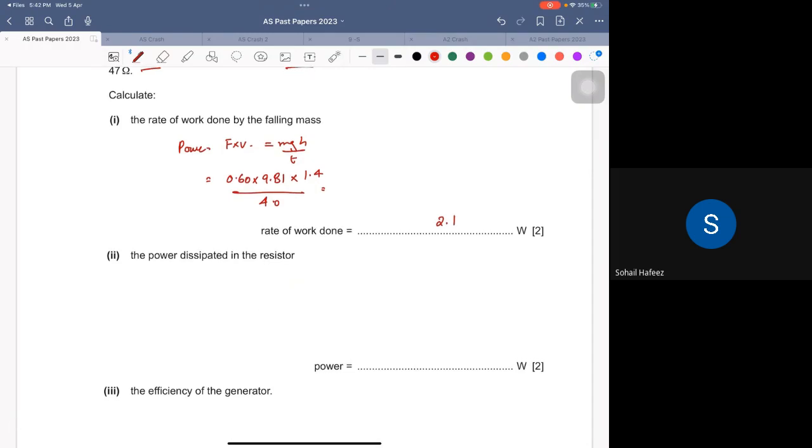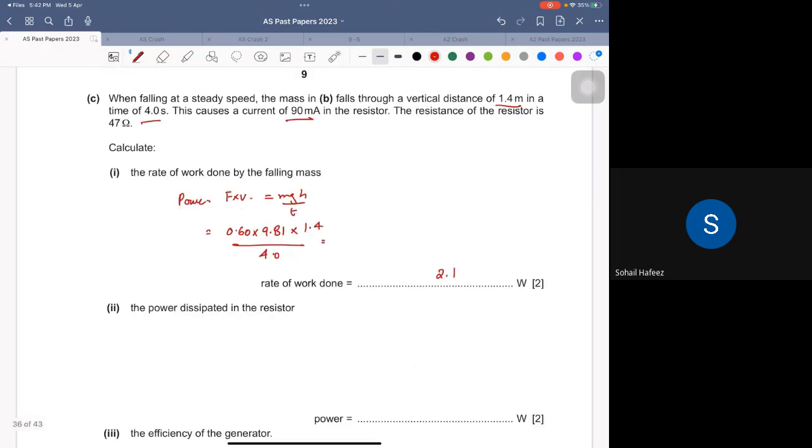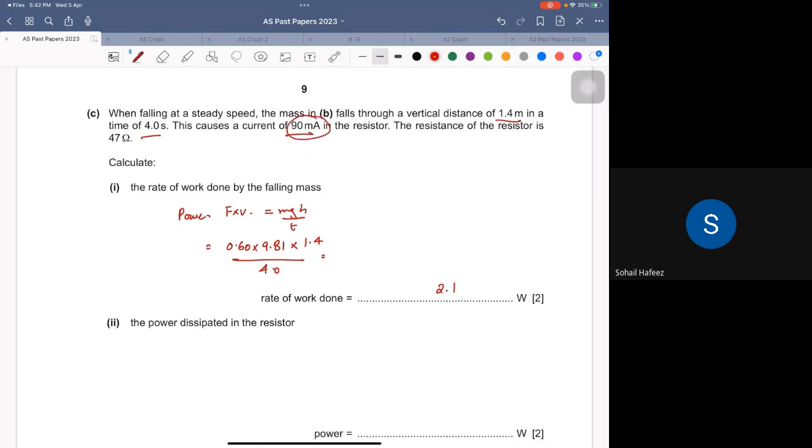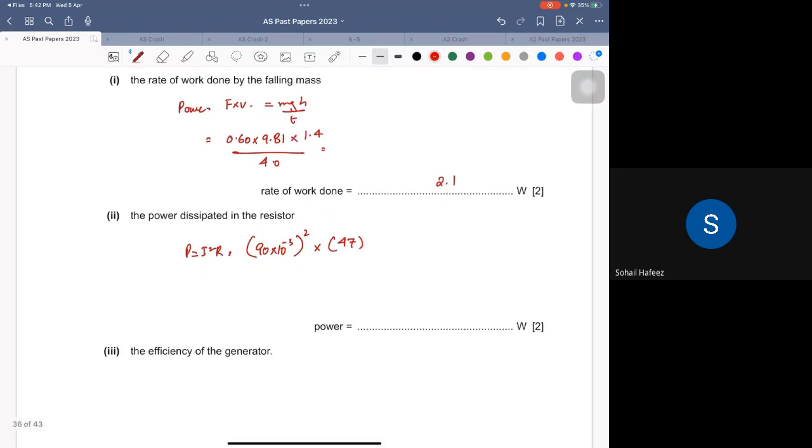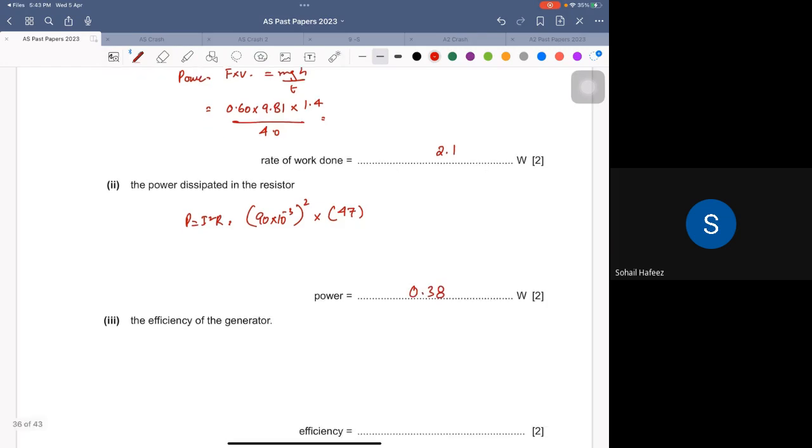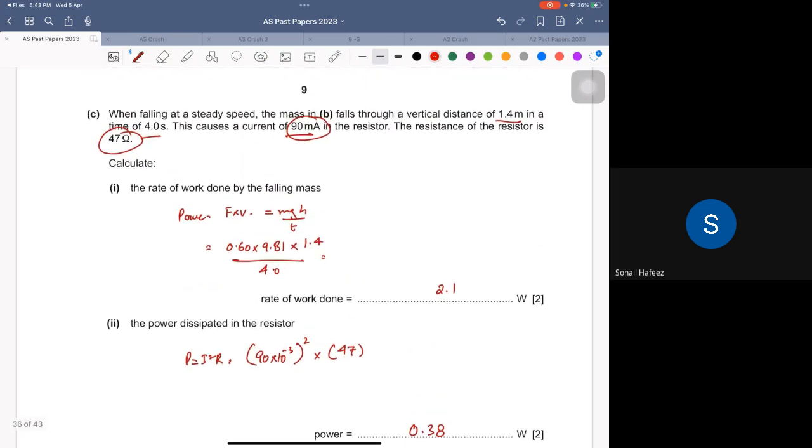You have current and you have resistance, so you can use power equals I squared R. I is 10 to the minus 3, whole squared, and R will be 47. That's going to be 0.38.